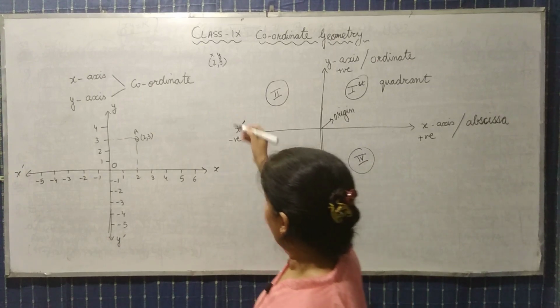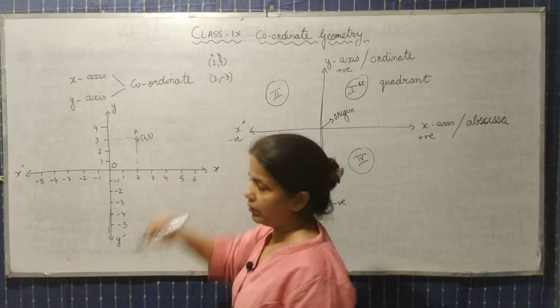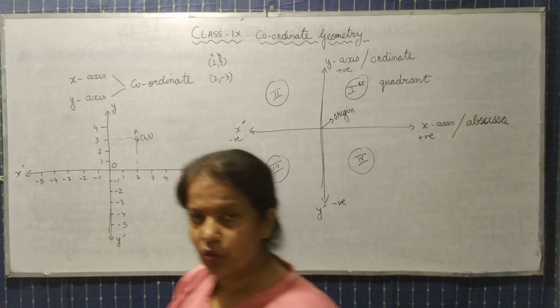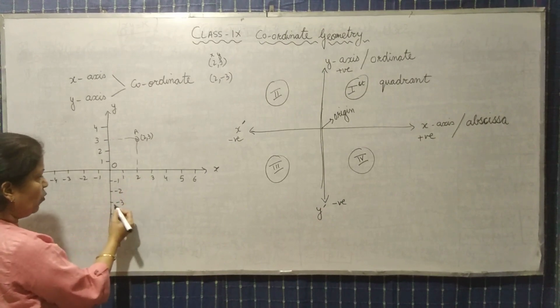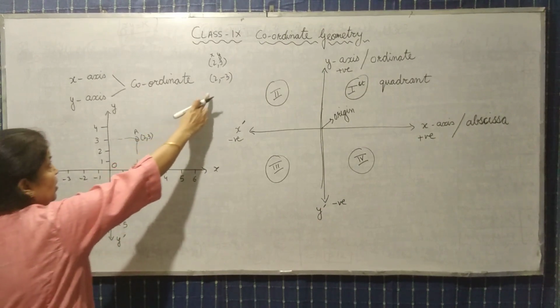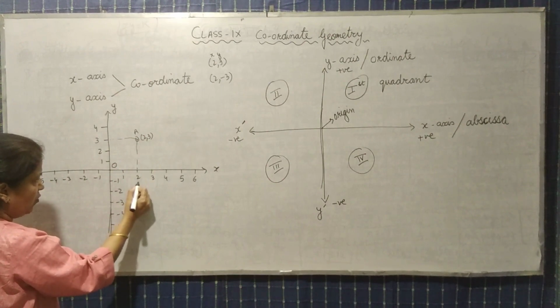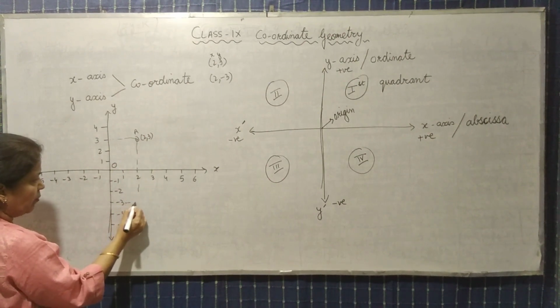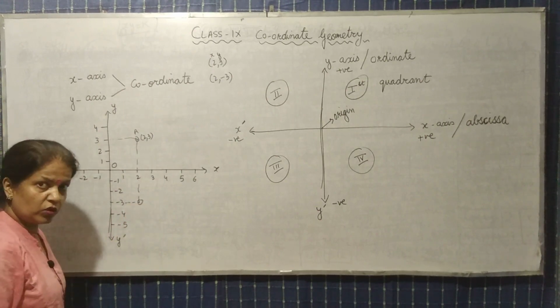Okay, अब एक और ले लेते हैं. Suppose that it is 2 and -3. So how will you do it? X value is 2 and y value is -3. This is x value and this is y axis. तो हम x से 2 and y is -3. So perpendicular, here it meets both the lines.